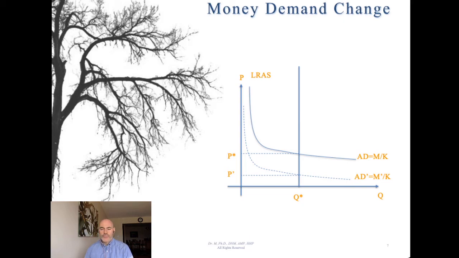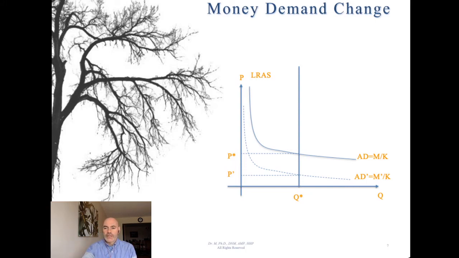But if people decide to hold more money, let's say they have been spooked by a pandemic, or some expectations of war, or whatever the reason is, that would increase the cash balance ratio relative to other stuff. That means that consumption will decrease, investment will decrease, your aggregate demand will shift downward, and it will initiate deflation, which means that the prices will go down.